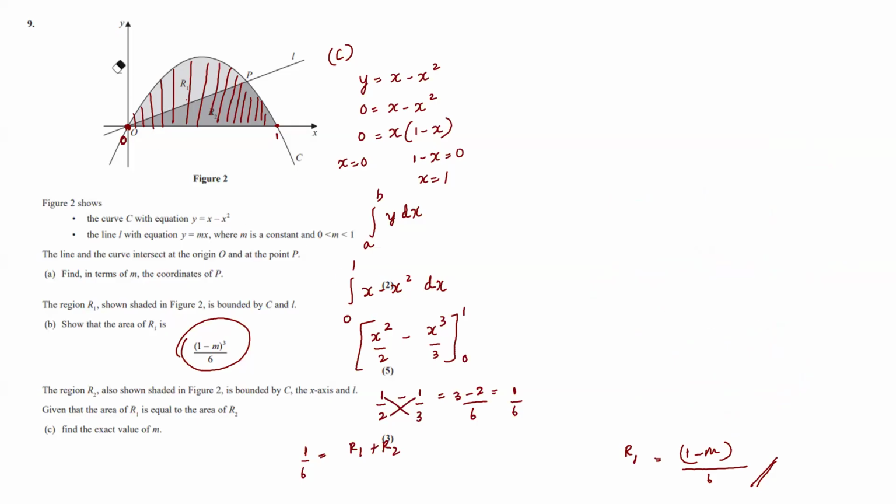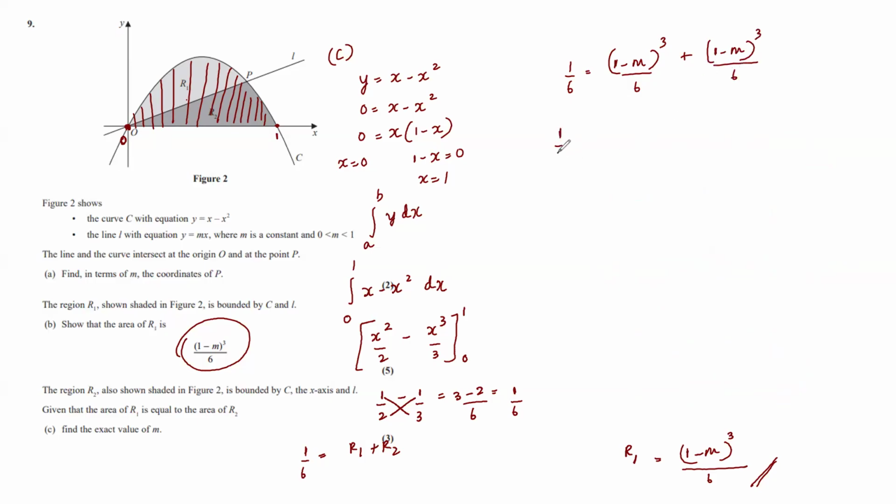So now 1 by 6 is equal to R1 plus R2. R1 is (1 minus m) the whole cube by 6, plus R2 is also what? R1 and R2 are just the same. So (1 minus m) the whole cube by 6.